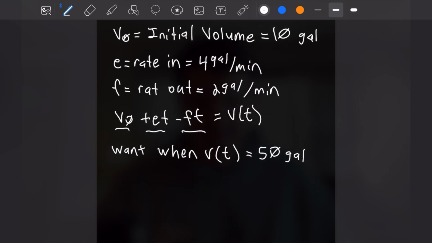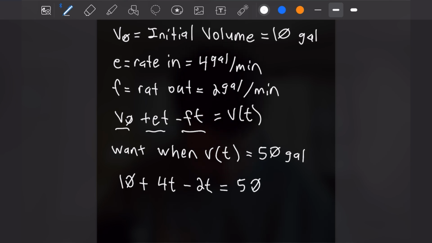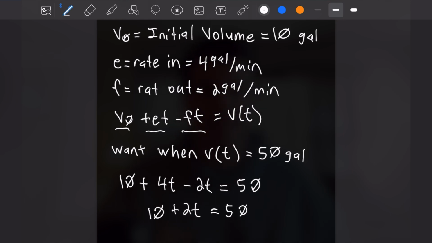So let's go ahead and make all these substitutions. We will have 10 plus 4T minus 2T equals 50, which will give us 10 plus 2T equals 50. And from there, it's pretty easy to see that at T equals 20 minutes, we will achieve overflow.